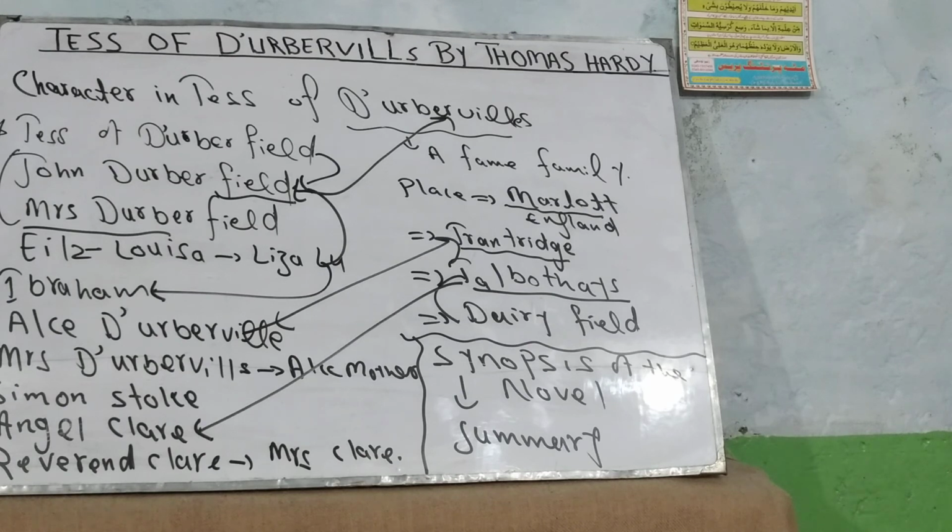Hearing what happened, Alec also came and tried to seduce her with his promises. Tess did not agree with him. She wrote again a letter to Angel but did not get a reply. And now the only way for Tess was to yield to Alec.